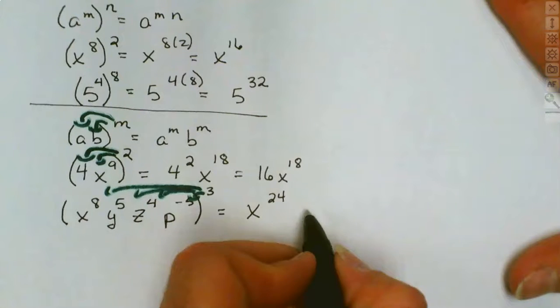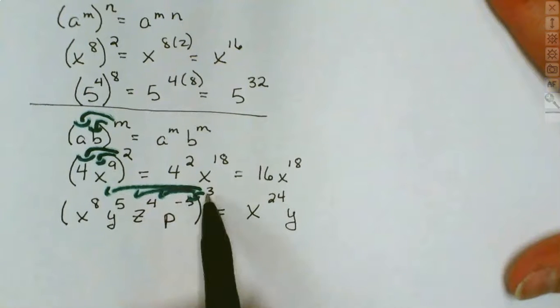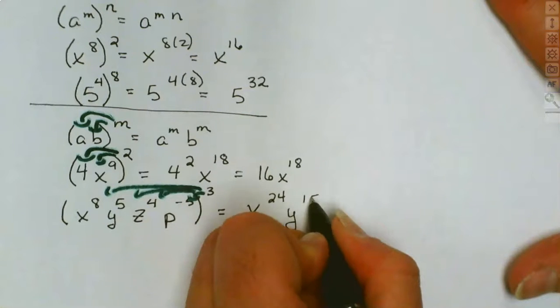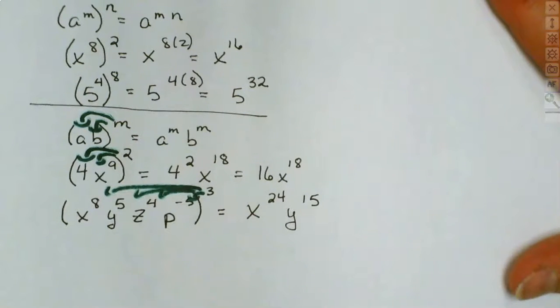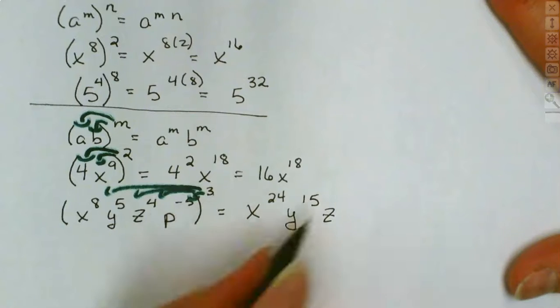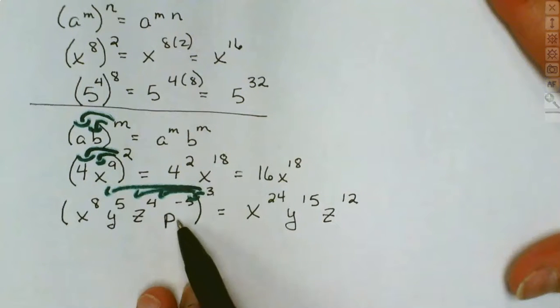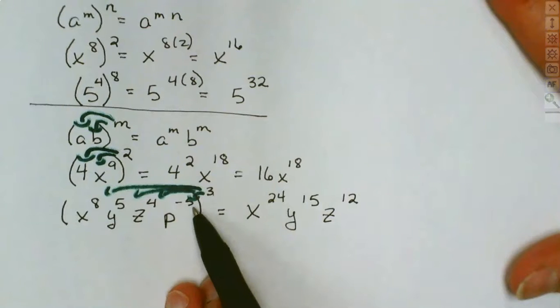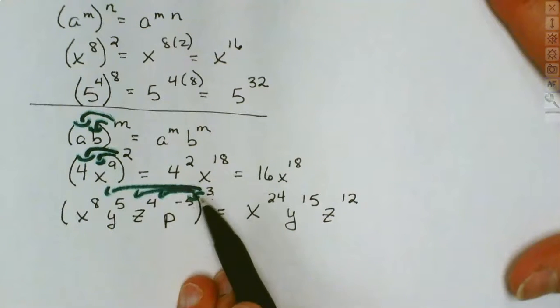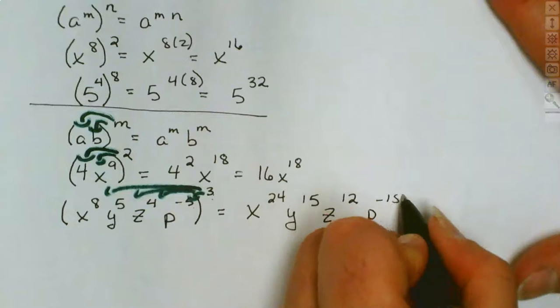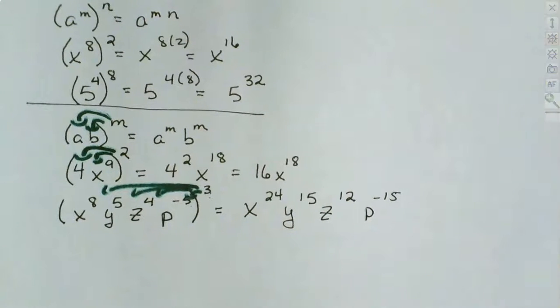Then we've got y, and we've got 5 times 3. 5 times 3 is a 15. And we have a z to the 4th power. 4 times 3 is a 12. And then we have p to the negative 5th, and negative 5 times 3, that's p to the negative 15th power.